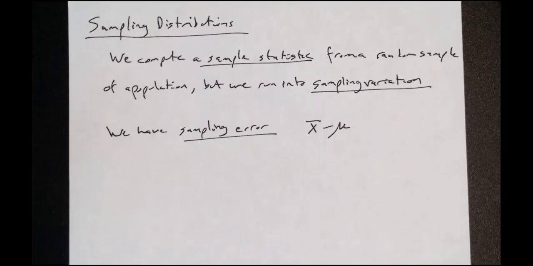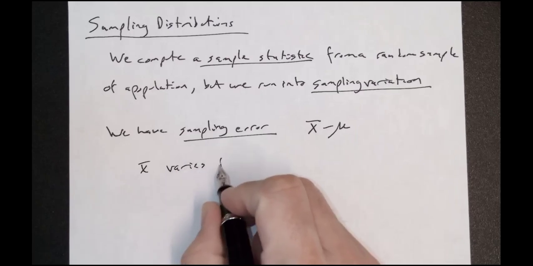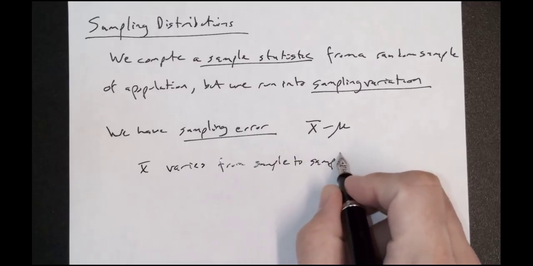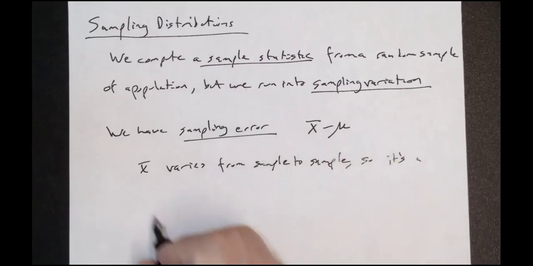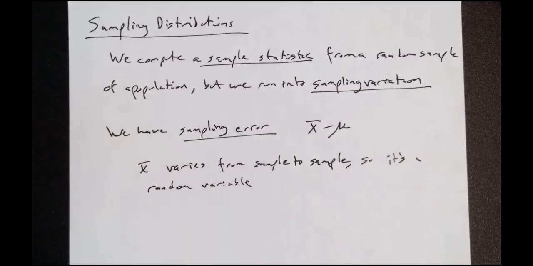Well, if something varies, then it's got some sort of distribution. So I can think of X bar as a random variable. And maybe it's a uniformly distributed random variable. Maybe it's a normally distributed random variable. Maybe it's exponentially distributed.